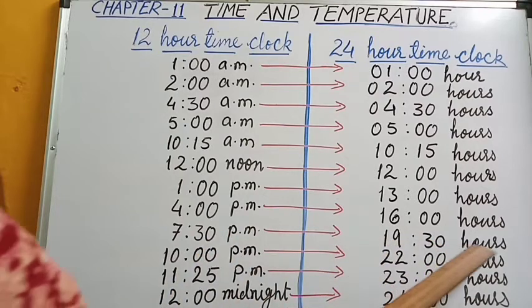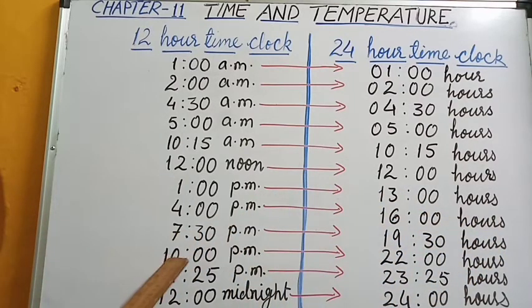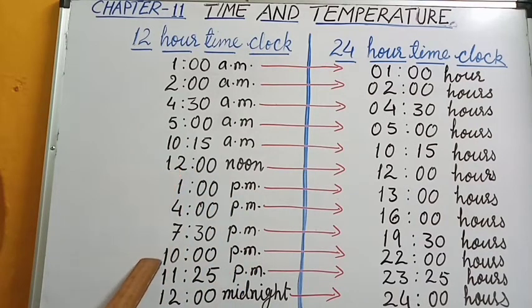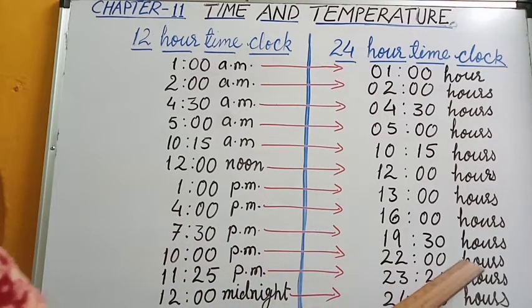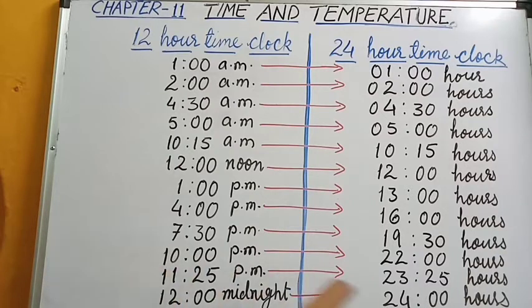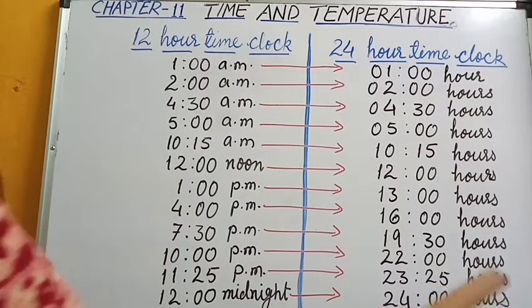So 1930 hours. 10 PM means after 12 we have to add 10. 12 plus 10 is 22 hours. 11:25 PM means after 12 noon we have to add 11. So 12 plus 11 is 23 and 25 minutes. So it is 2325 hours.